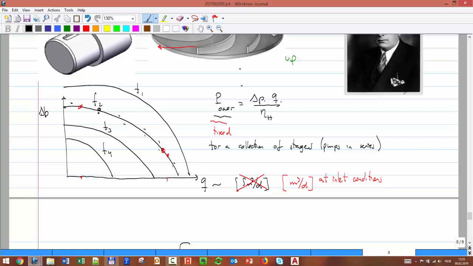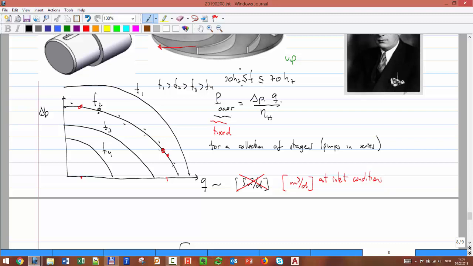So basically, increasing the frequency gives me higher pump delivery. F1 greater than F2, F3, F4. And the frequency for these pumps typically goes somewhere between 30 Hertz and maybe 70 Hertz. That's the range of frequency.